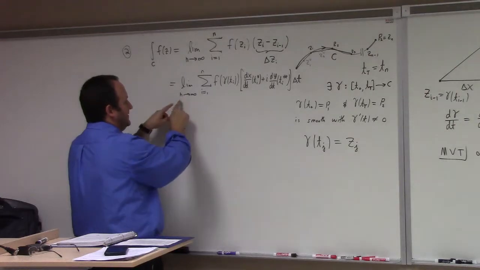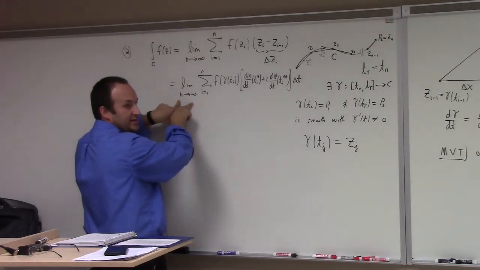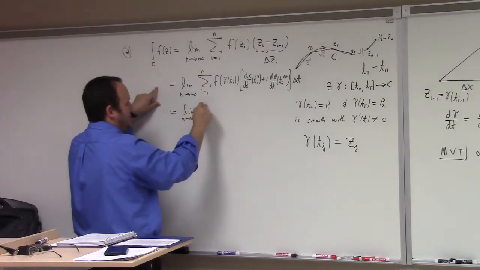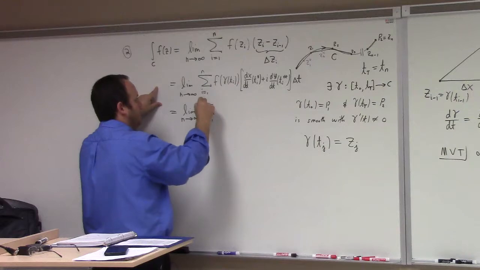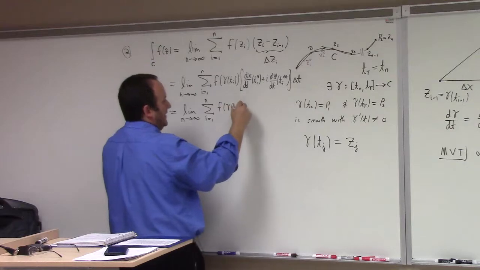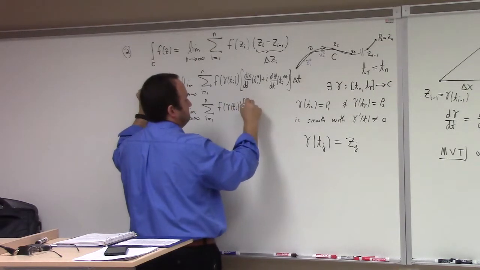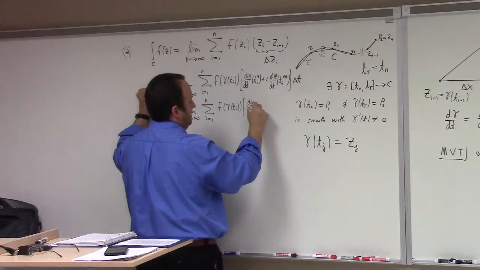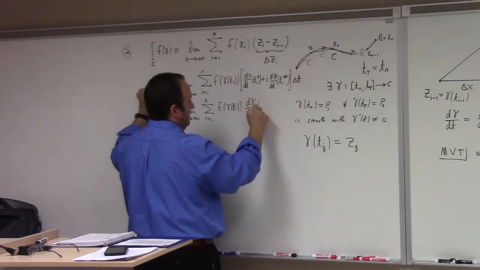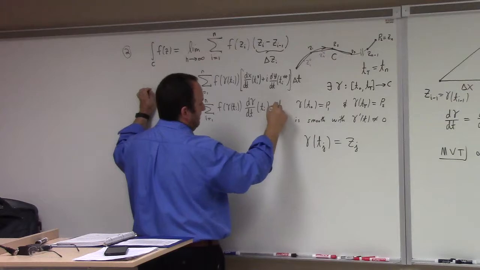My argument is that in the limit as n goes to infinity, this limit is the same as the following limit. We can just trade the t sub i stars for just t sub i, which I'm going to write more concretely as d gamma dt at t sub i times delta t.